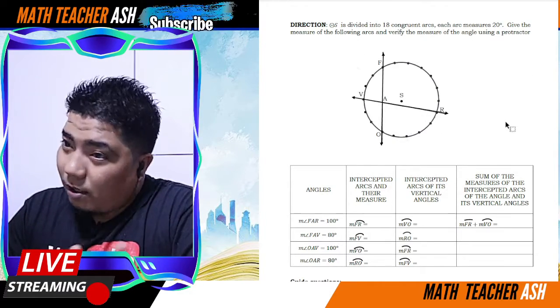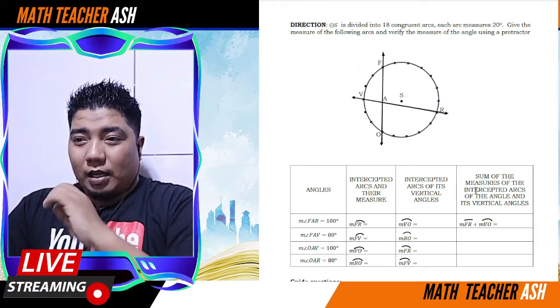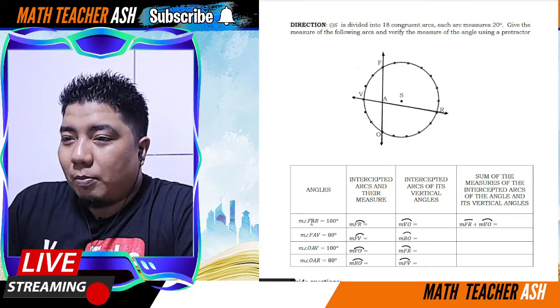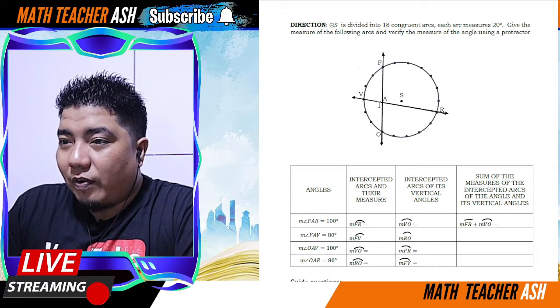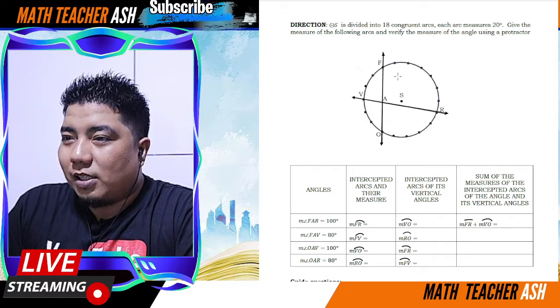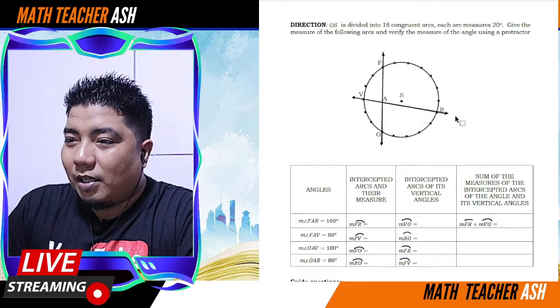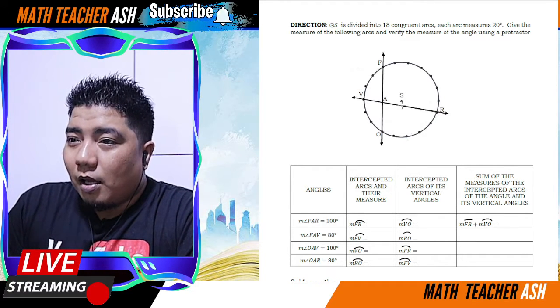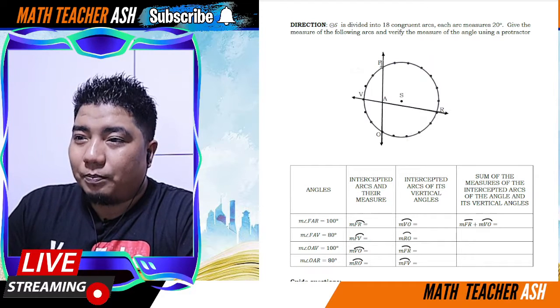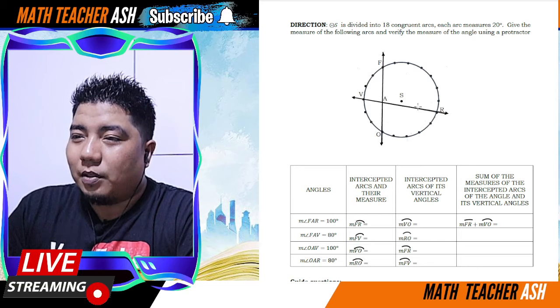Alright, so here are the table na kailangan nating i-kompleto. So we have here, the measurement of FAR is 100 degrees. Okay. So what is the measurement of FR? So technically, my dear math learners, kung ito lang ang given, kulang talaga. Bakit?